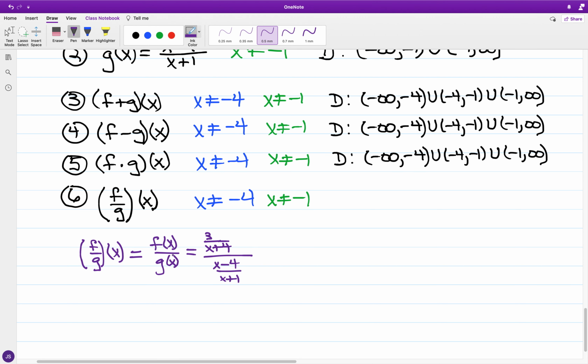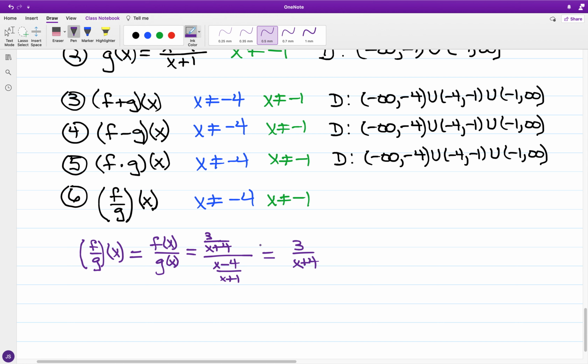So again, f of x is a fraction, cannot have a 0 denominator, so x cannot be negative 4. g of x is also a fraction, and for this fraction, x plus 1 cannot be 0, so x cannot be negative 1. Now if you notice in the layout, we have a ratio where you have a fraction over a fraction. What I can do here is rewrite what I have and condense or simplify.